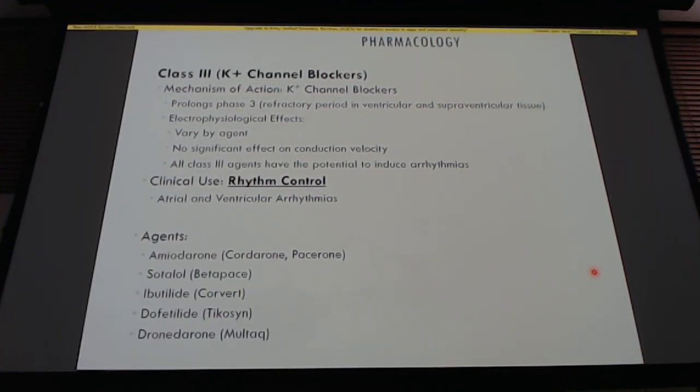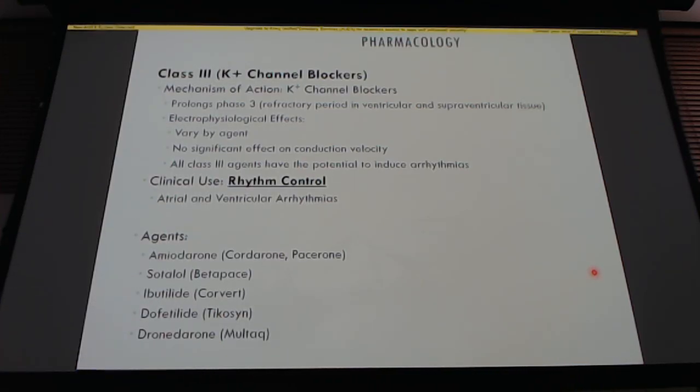Okay, class 3. So now we're at our bananas, right? Bananas, so potassium. When we're looking at this, rhythm control is our big thing that we're worried about here. And what is something that stands out here in those agents that looks like it doesn't belong?